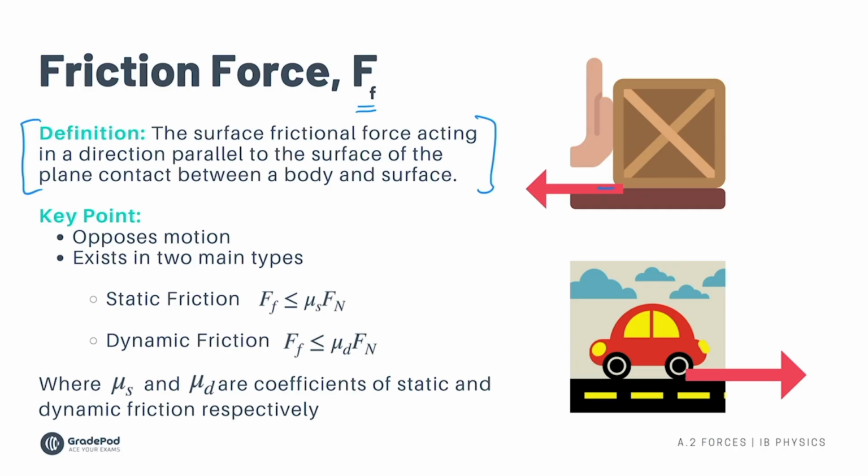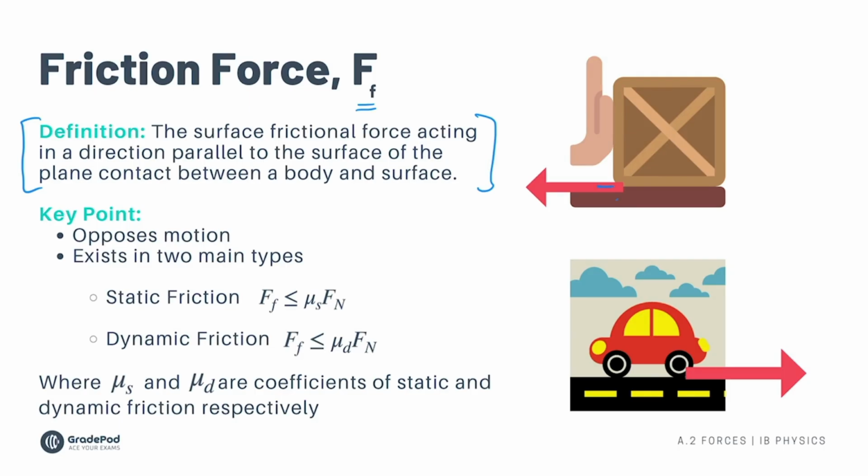That frictional force is parallel to the surface of the plane contact, and it's in the opposite direction. So this box is moving that way, so the frictional force is moving this way. Look at the car. The car is moving this way, so the frictional force is moving that way, and it is parallel to the contact surface.